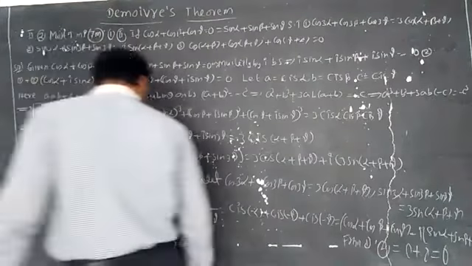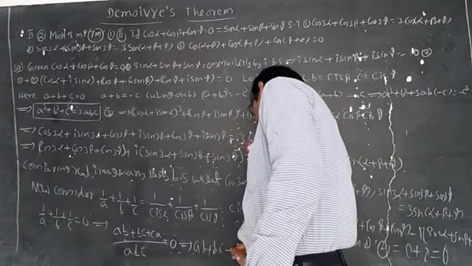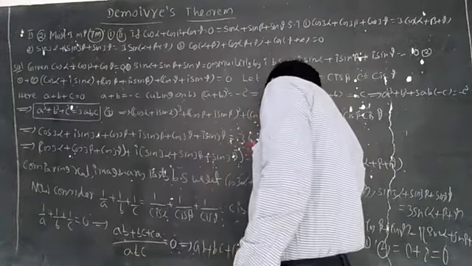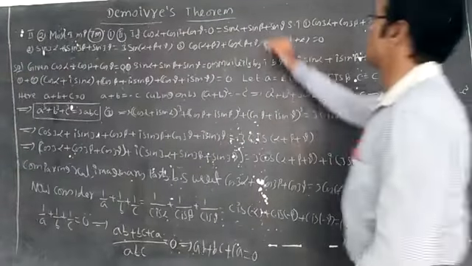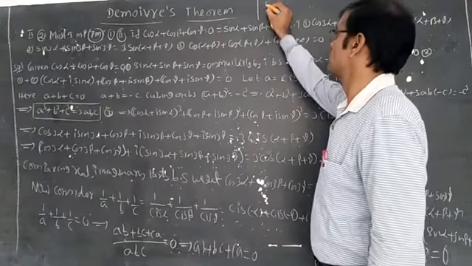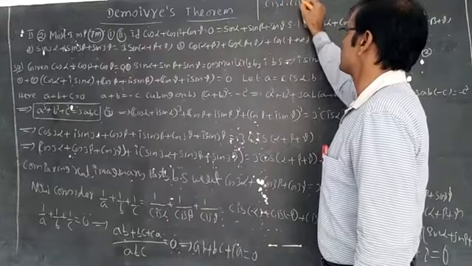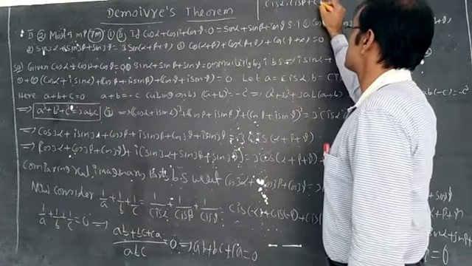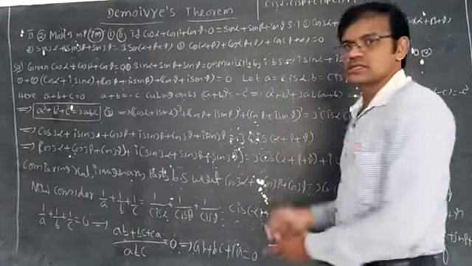Now you can write ab plus bc plus ca is equal to 0 by cross multiplication. What is ab? Cis alpha into cis beta. Plus what is bc? Cis beta into cis gamma. What is ca?